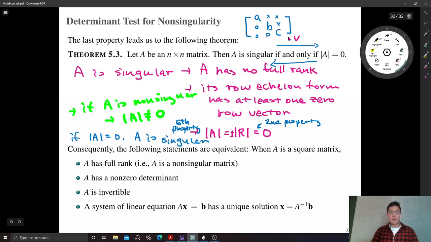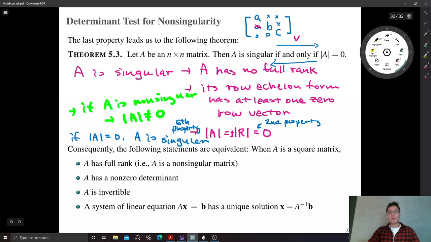Think about the reason why this is true. Suppose we have another non-zero element, say x here. Then we can kill this b using row addition, so this is not a row echelon form. Similarly, if we have some non-zero element right here, then this is not a row echelon form either.